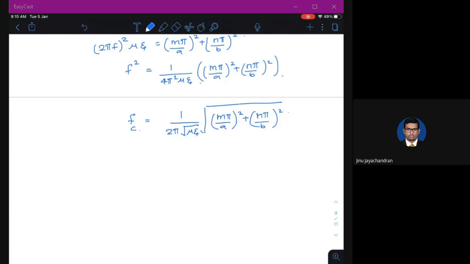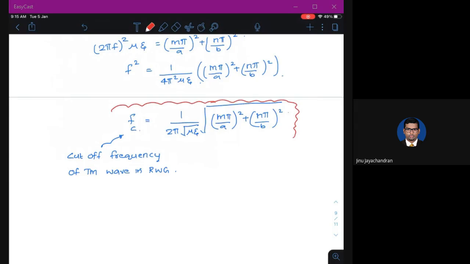Okay, and this is called the cutoff frequency of TM wave in rectangular waveguide. So all the waves which have frequency above fc will propagate inside the waveguide.